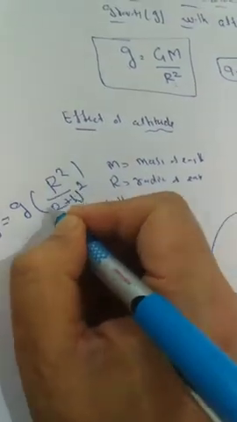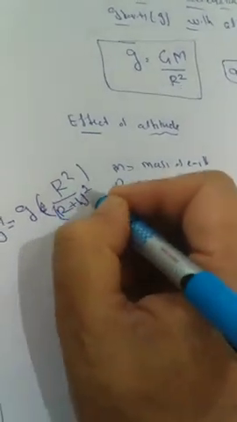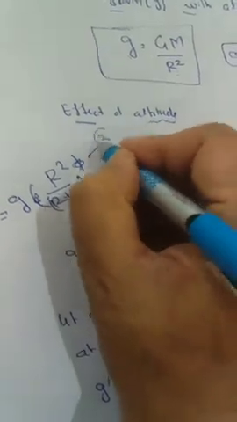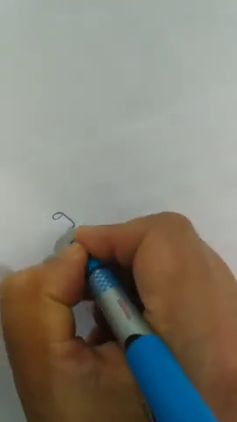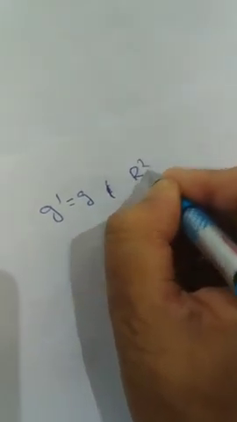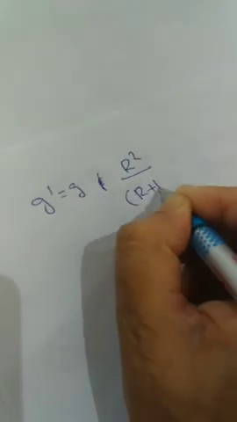Name this equation, suppose this equation third. That means equation third I can write here: g dash is equal to g r square divided by r plus h whole square.